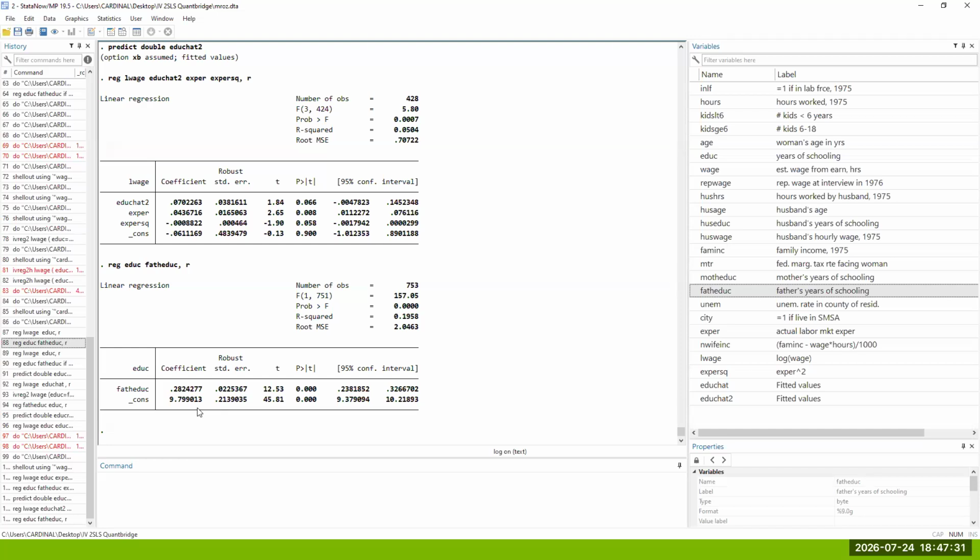Okay, so this is a correct question. The innate ability in this case, which comes as a result of an omitted variable bias, the father's education should have a relationship with that innate ability and also the education.